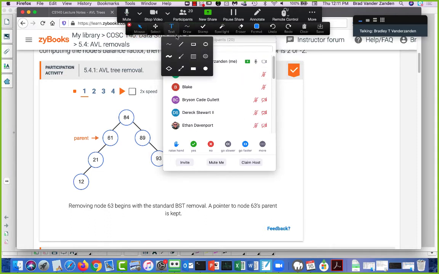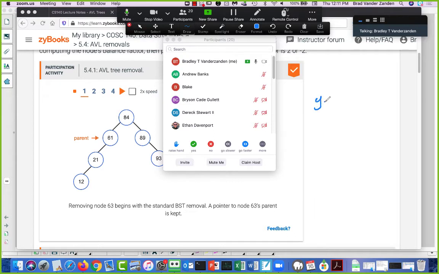I want you to vote yes if you think this is a zig-zag case, and I want you to vote no if you think this is the other case. Okay, so please go ahead and make your votes right now. Yes for one, no for the other. We're at the parent, and we can see the parent is imbalanced.